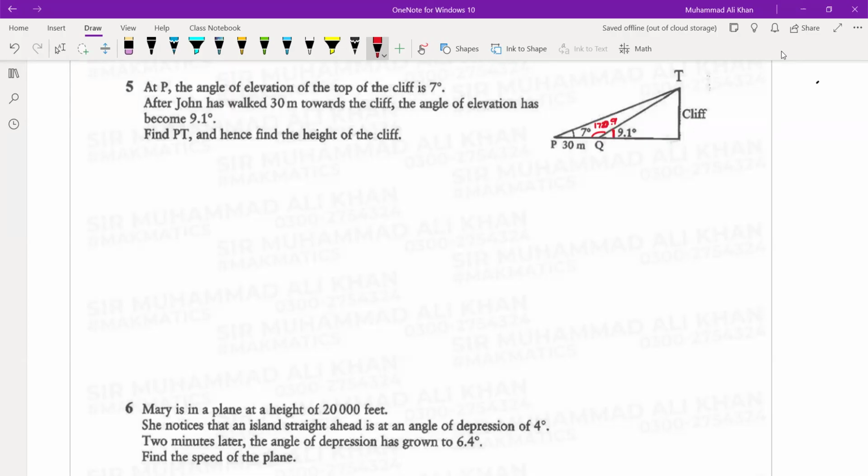अब आप देखिए, इस ट्राइंगल को मैं अलग से बना रहा हूं. कौन सा ट्राइंगल? द ट्राइंगल T P और here is Q. मैं थोड़ा सा इसको ट्राइंगल को एक्सटेंड करवाऊं ताकि क्लियर पिक्चर बने, like this.